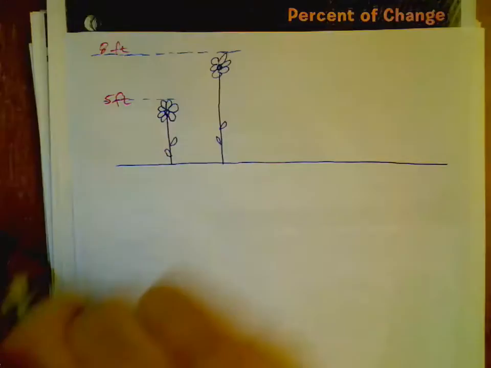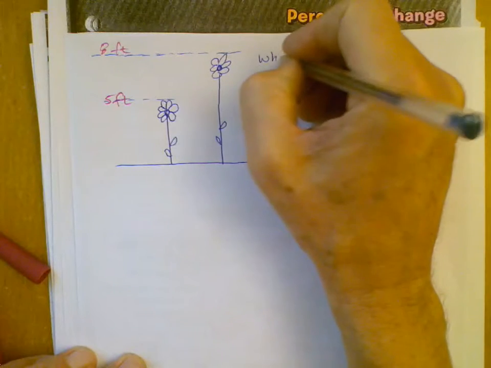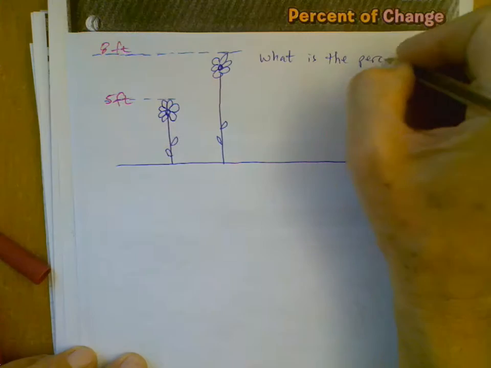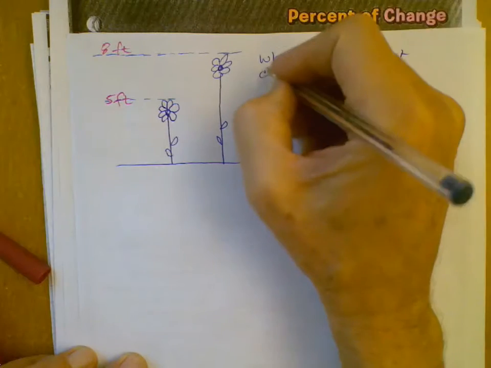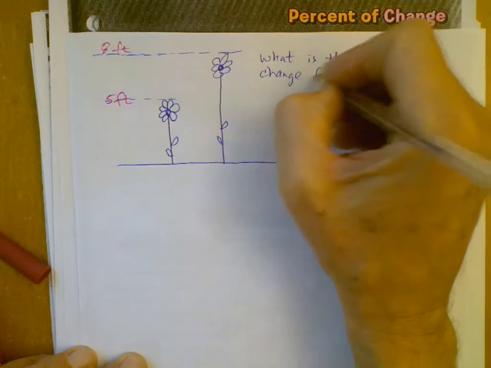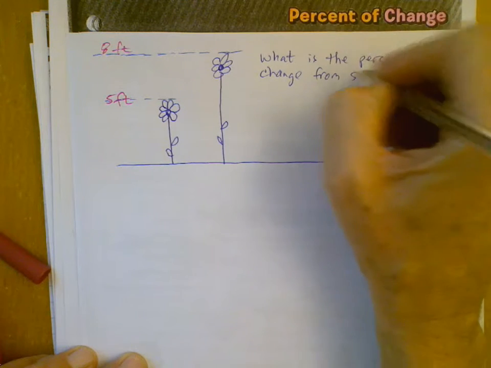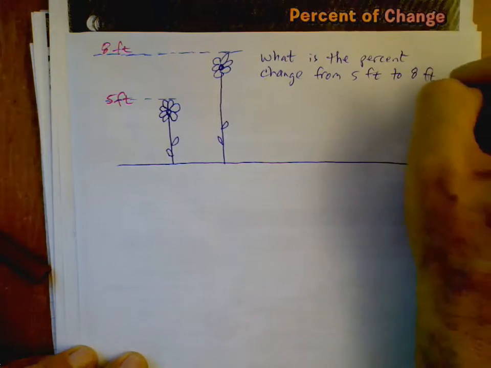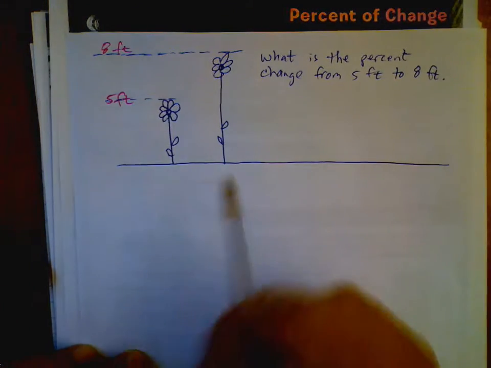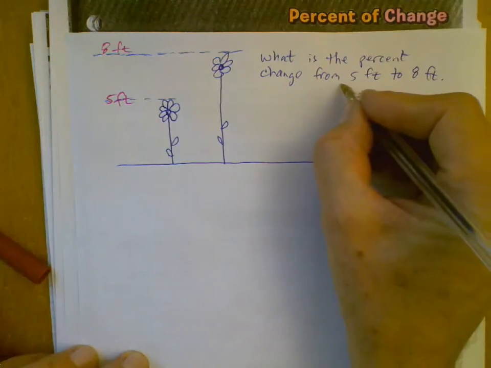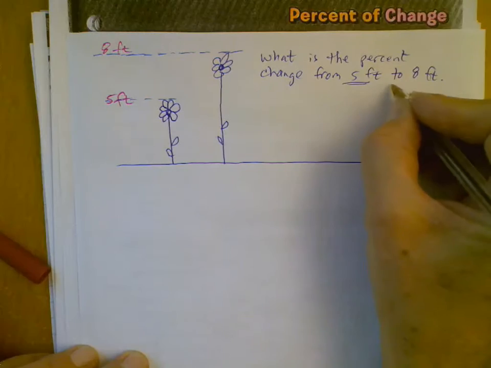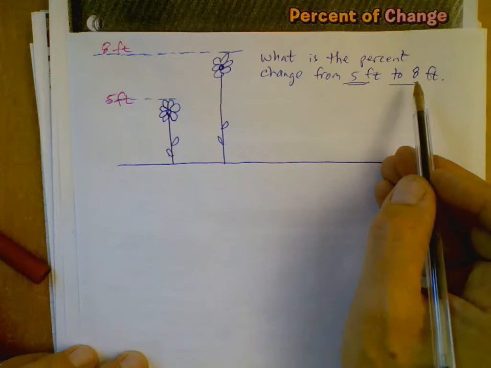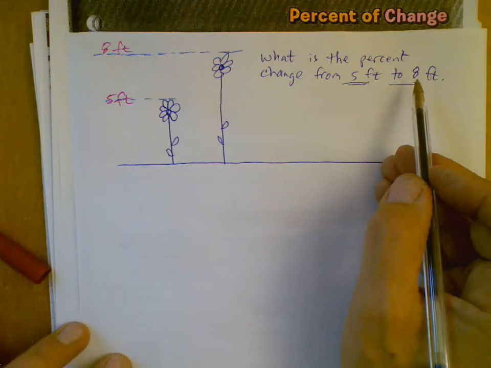Let's write that down so we have the question clear. Notice very clearly I'm starting at 5 and I'm going to 8 feet. So where I start and where I end matters in the calculation.